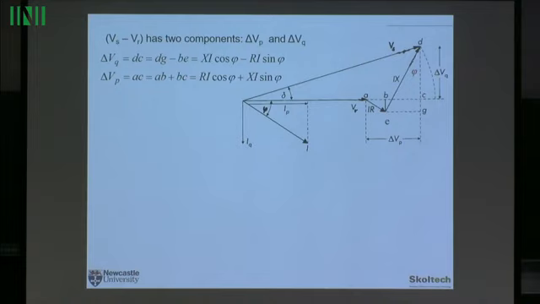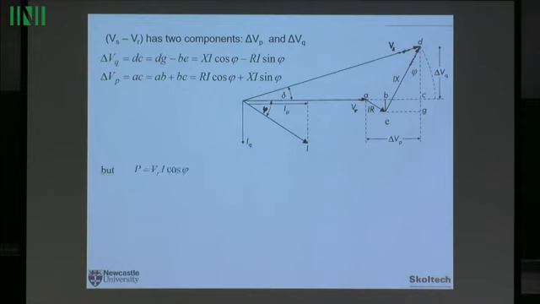And delta Vp, which is that component over here, is equal to ri times cos of the angle phi, here is angle phi, plus xi sin phi. Sorry, the sum of those two components, not minus, plus of those two components.